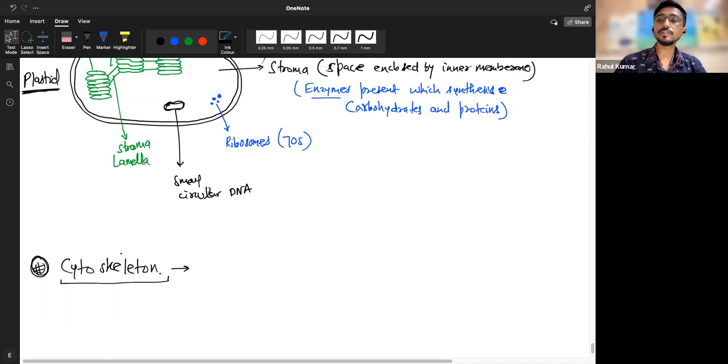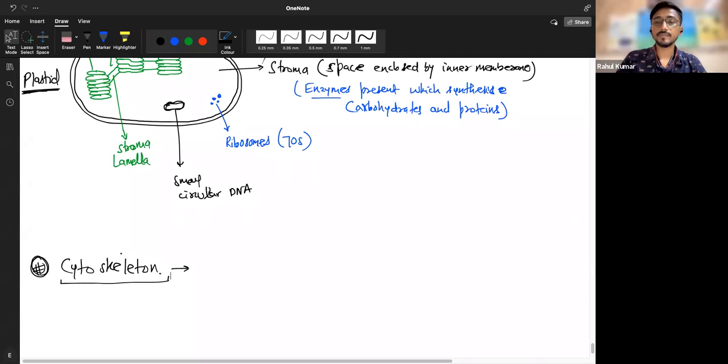Similarly, a cell also has a skeleton. Something gives shape and size to a cell. A cell is not like a jelly all the time. All cells are not jelly or squishy. Some cells maintain their shape, and that is because of the cytoskeleton. Now when I talk about cytoskeleton, I'm not talking about the cell wall. Cell wall is for protection.